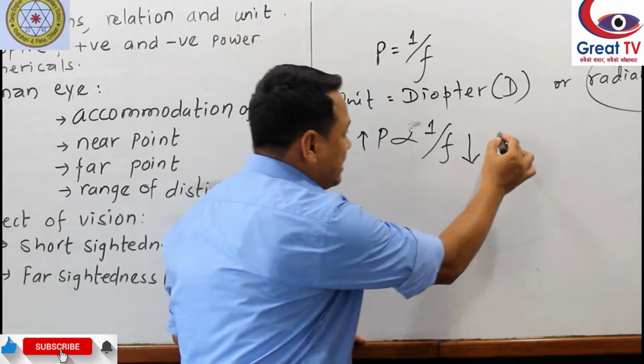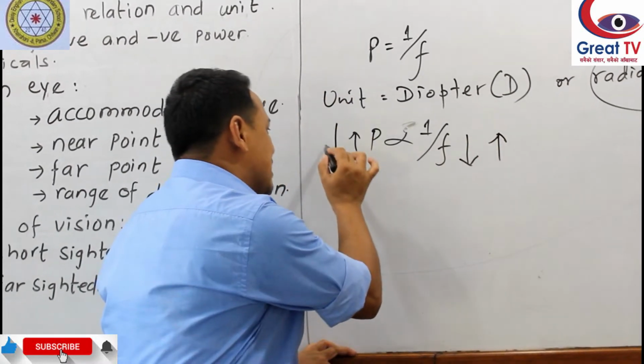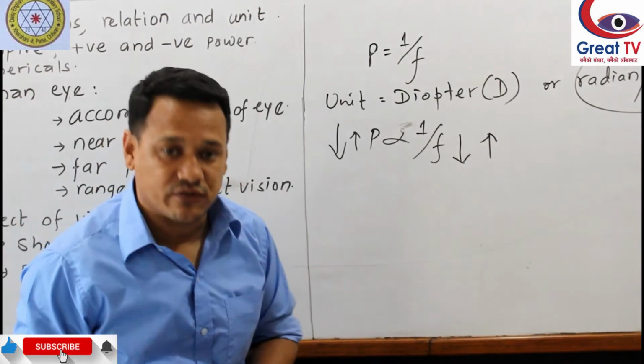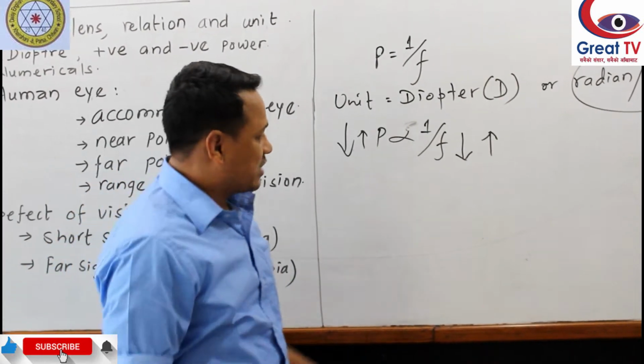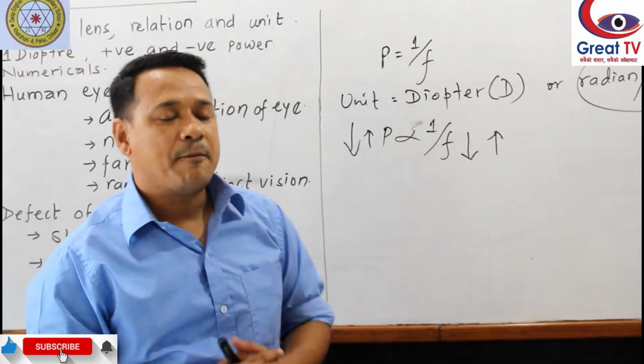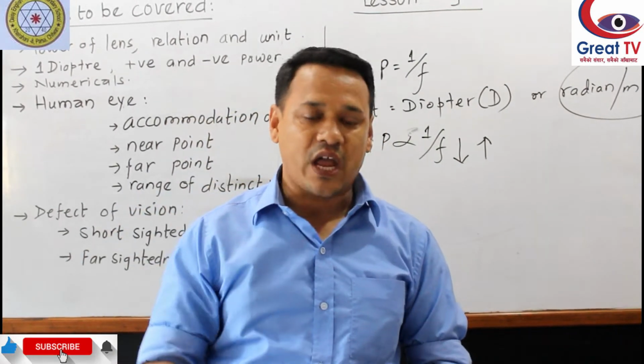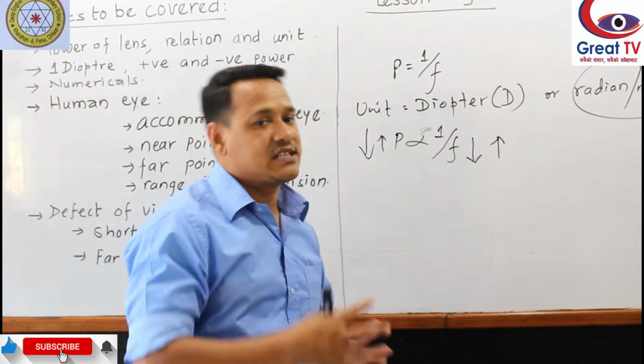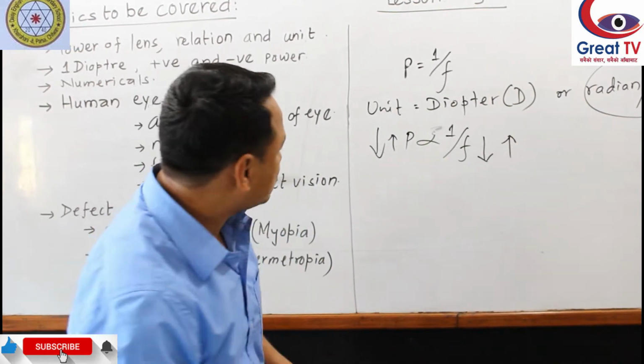If the focal length is more, then the power of lens will be less. So when the focal length decreases, power of lens increases, and vice versa.